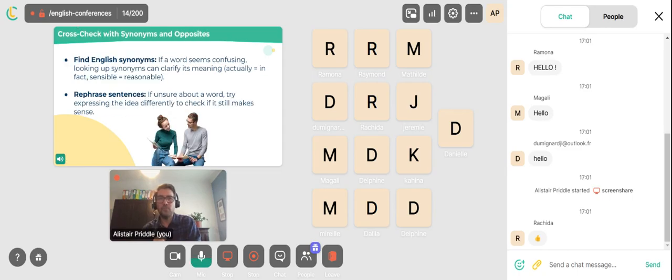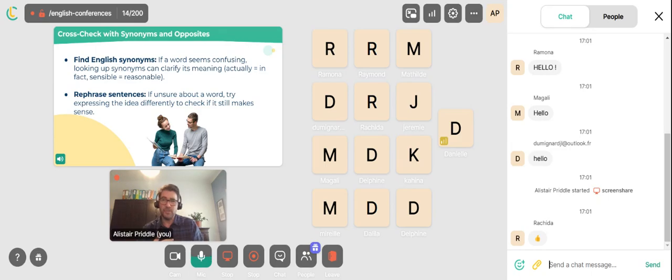Use dictionaries like Cambridge or Merriam-Webster. We can also cross-check with synonyms and opposites. This is a good strategy. Find English synonyms. If a word seems confusing, looking up synonyms can clarify its meaning. Actually, in fact, sensible, reasonable.